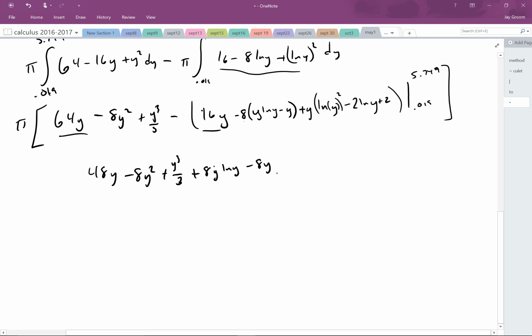So we could have combined that over here and made this 40y. Then here, it's going to be minus y ln of y squared, and then, minus a minus, so plus 2 ln of y minus 2. Got it? Good.